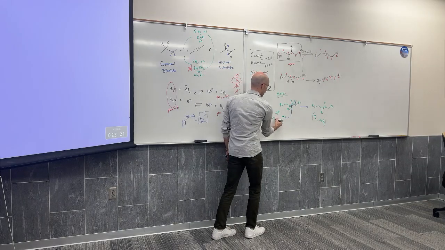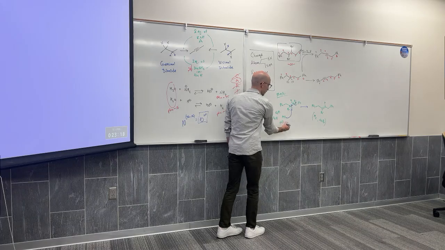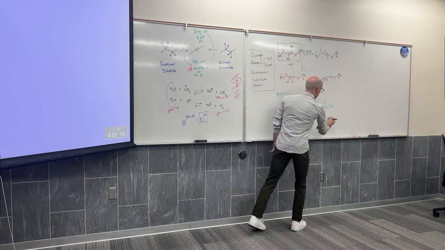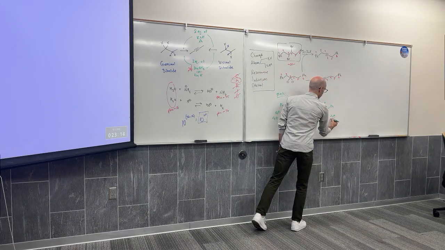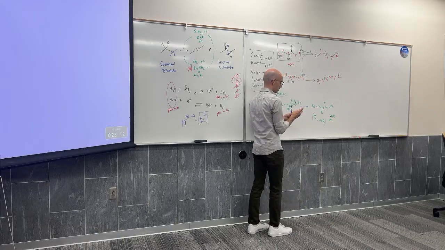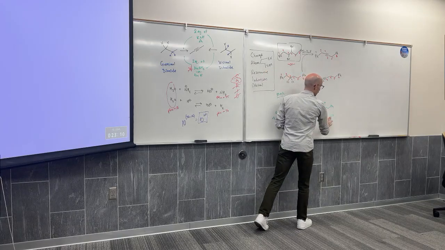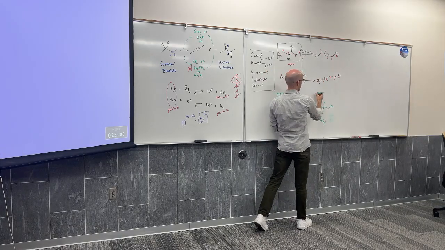But don't forget, I said that there were two equivalents here. So now, the second equivalent of sodium hydride, you know what? I'm going to rewrite that second equivalent on the other side.